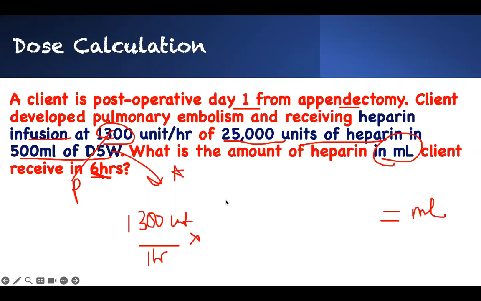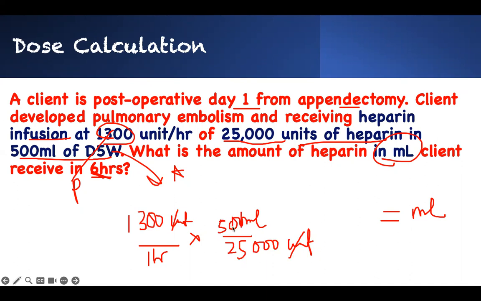Now, what is prescribed and what is available dose? We have 25,000 units of heparin in 500 ml. Unit is up. I need to cancel the unit. So 500 ml need to go up, and then 25,000 units will be down. So the unit cancels, and I have ml on top, and then I have an hour below.